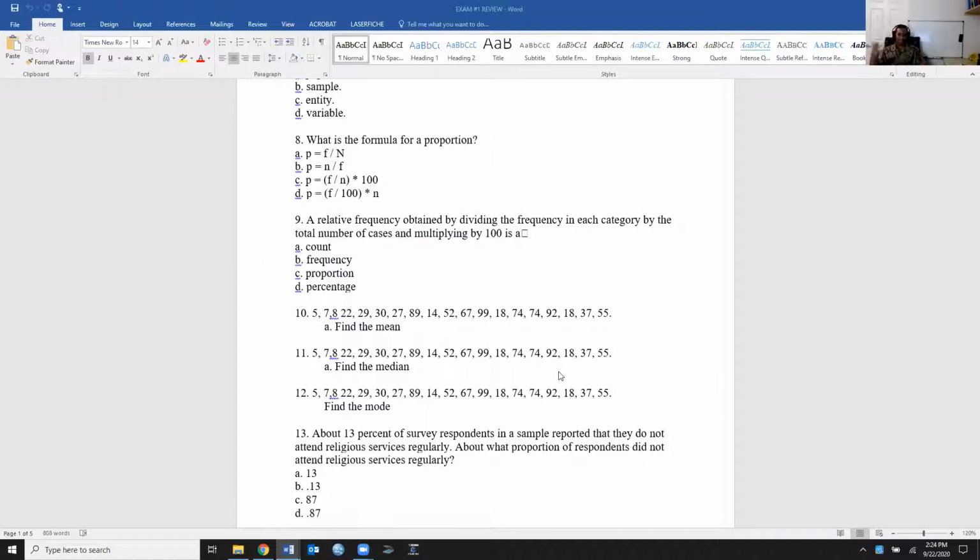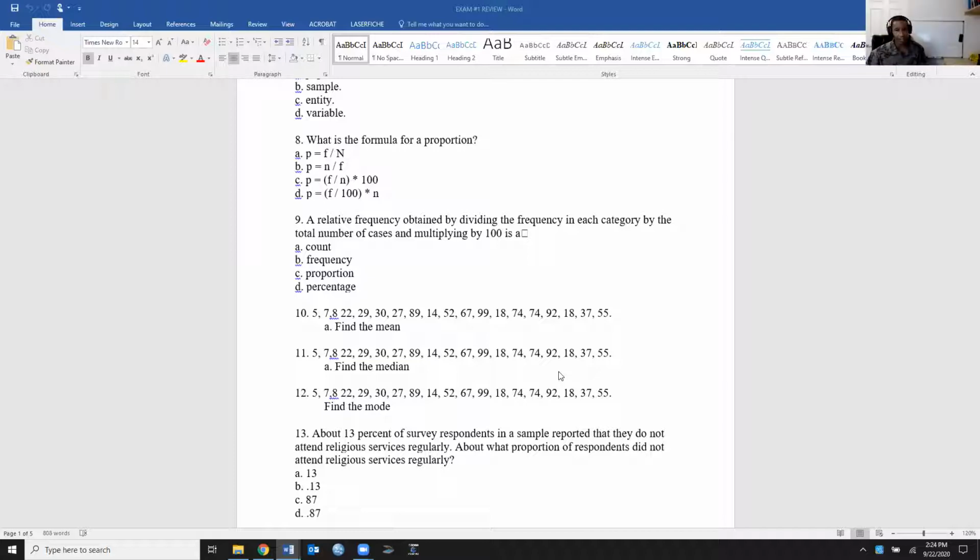So for 10, it's asking for the mean first. I'm going to need you all to actually do this calculation for me because it's kind of a long, tedious process. How would I go about calculating the mean here? Wouldn't you add all the numbers and divide by how many numbers there are? Good.